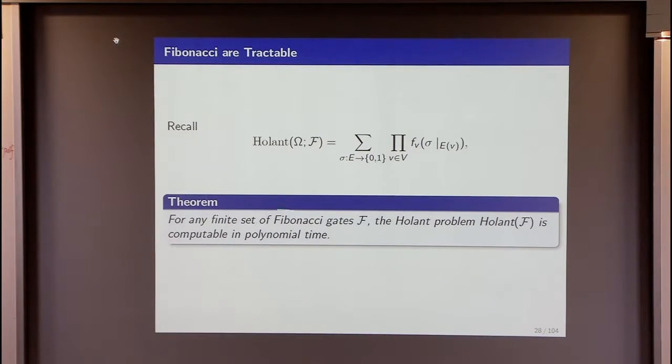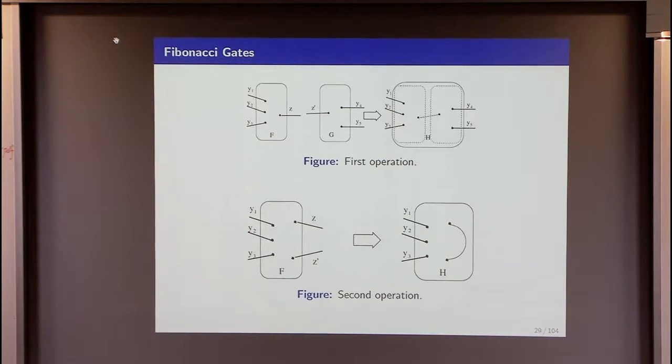So this is the statement: if you put Fibonacci signatures in any graph, it doesn't have to be planar now, this is tractable. I don't want to get into the details, and the details are not that difficult, but basically one way of proving it is to say that if I have two Fibonacci signatures, I merge two of the external edges, and I get a new signature; if there was arity 4 and 3, I get arity 5.